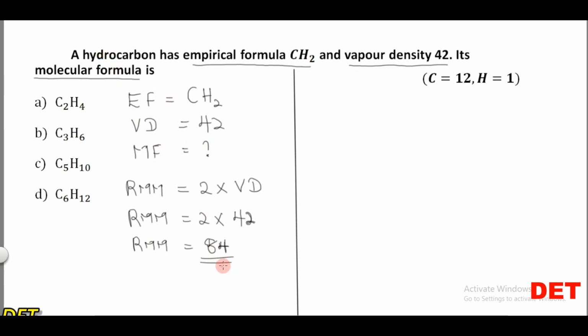So the relative molecular mass of this hydrocarbon is 84. Having gotten that, how then do we look for the molecular formula? You should know that the molecular formula of a compound is equal to the n multiple of the empirical formula.